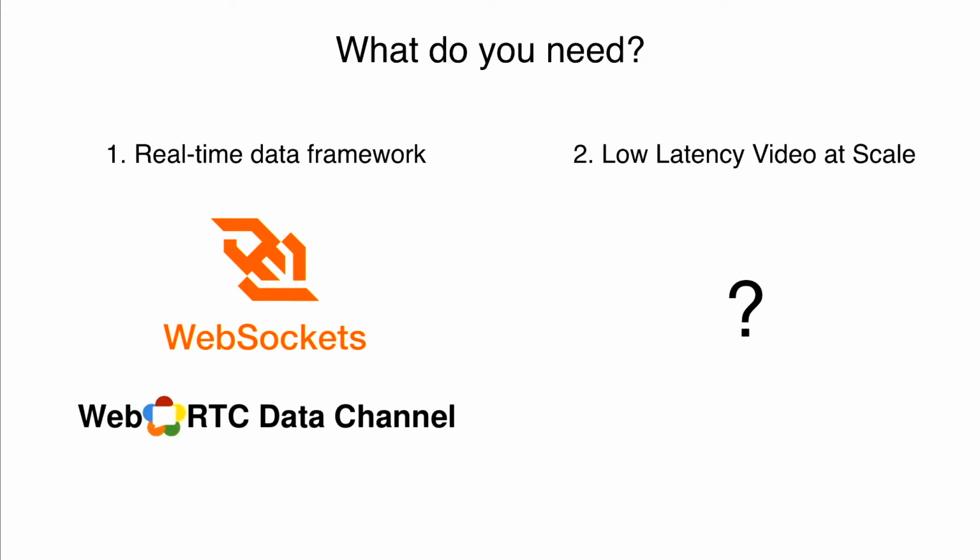Real quick, while building an application like this, one that involves both the viewer interacting and a streamer who's streaming the video at low latency, you need a couple things. First of all, you need a real-time data framework, and this is built on technologies that have been out there for a while. They're pretty mature. Things like WebSockets, WebRTC data channels, even.